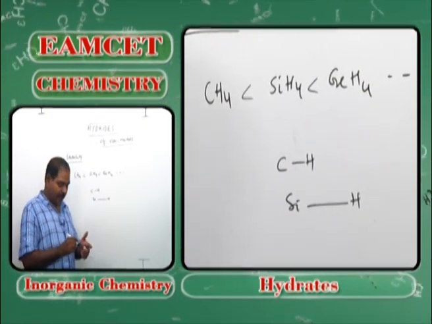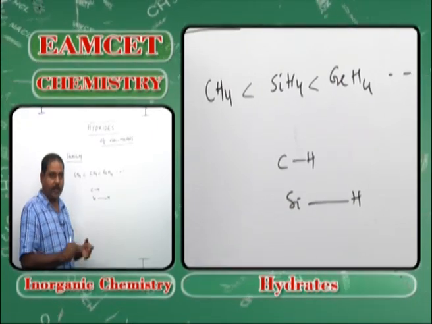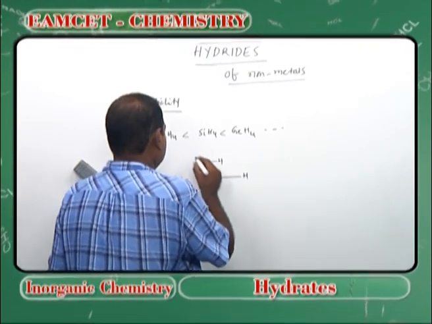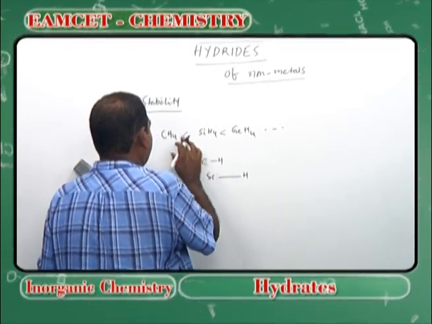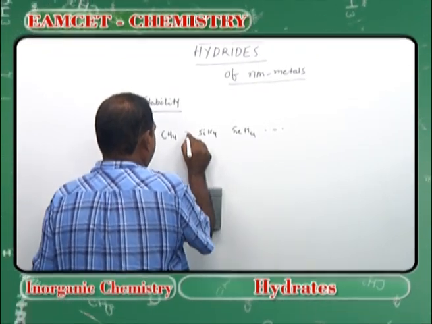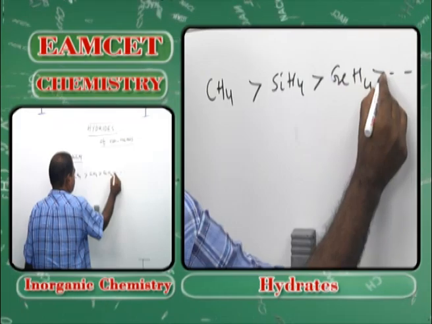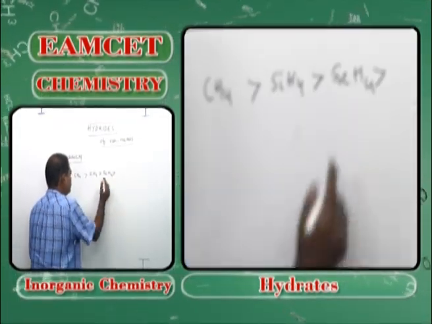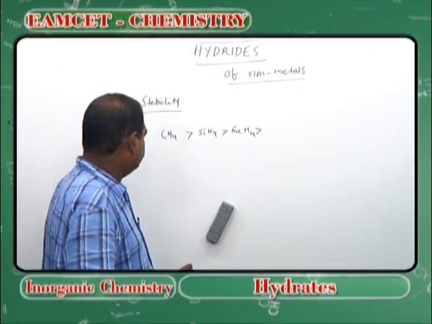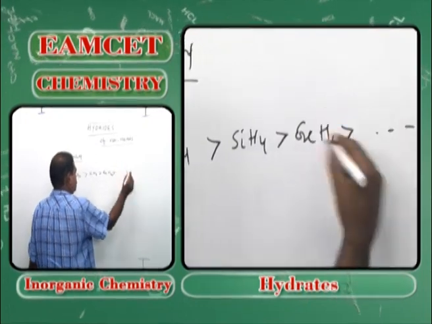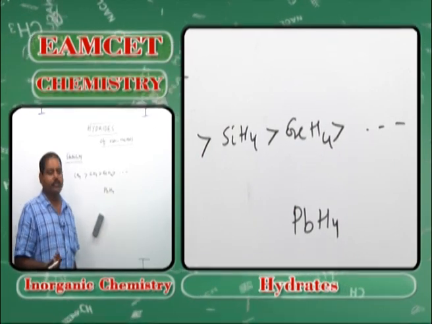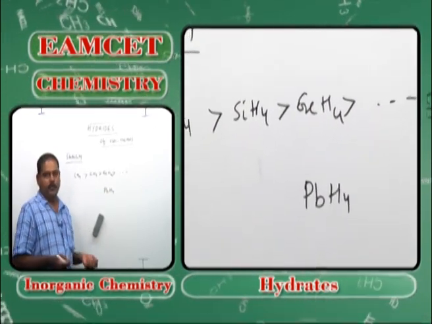So, methane is more stable, not less stable. Stability of methane is greater than silane, greater than germane, like that. Methane, silane, germane, stannane, plumbane. So plumbane on heating easily gives lead and hydrogen. You can easily get hydrogen from plumbane.